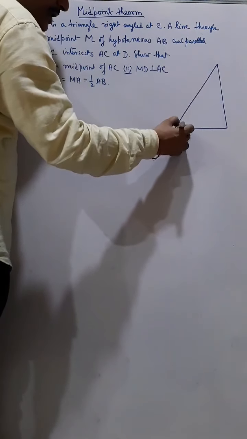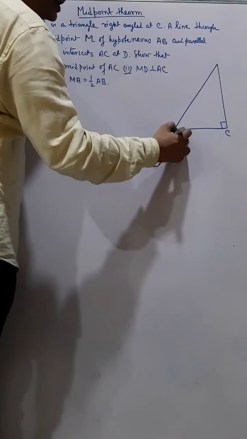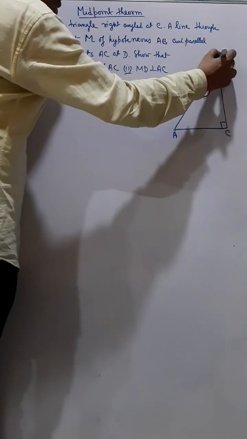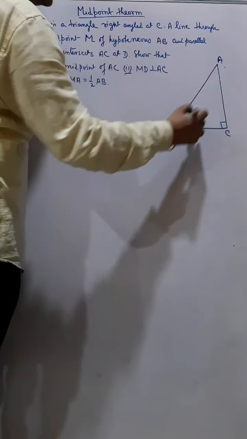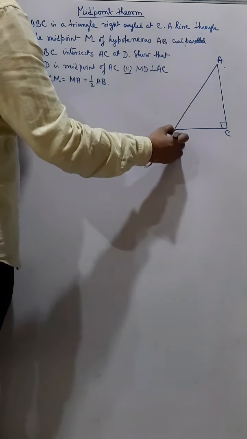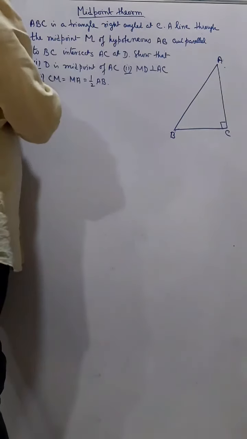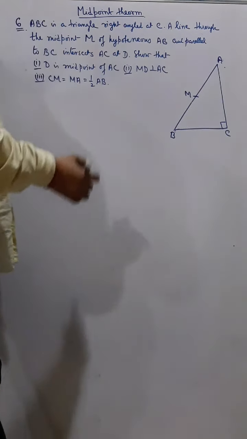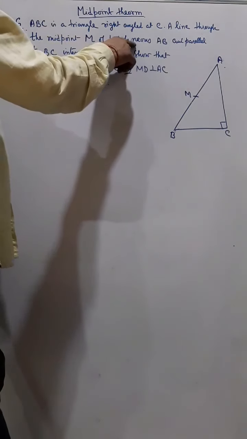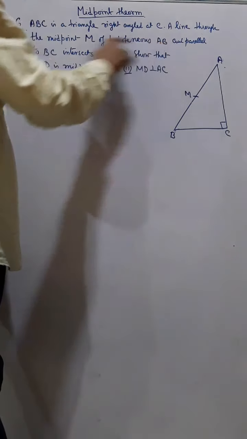ABC is a right angle triangle at C, and a line through the midpoint M of hypotenuse AB and parallel to BC.